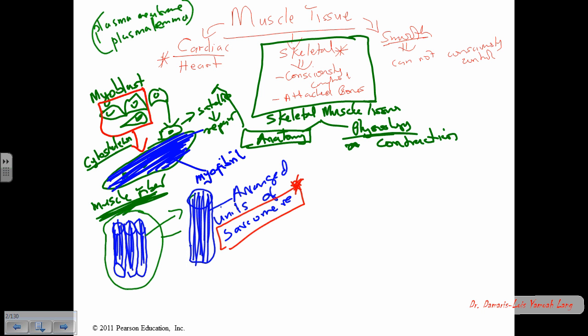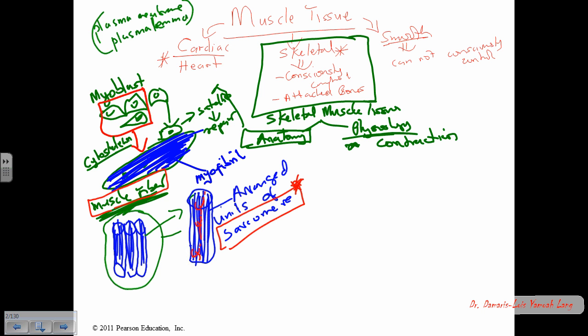So anyway, just to give the overview, let's continue. In a myofibril, we have a sarcomere connected to another sarcomere, connected to another sarcomere, on and on. Are you with me? Now, these myofibrils are all inside the muscle fiber.